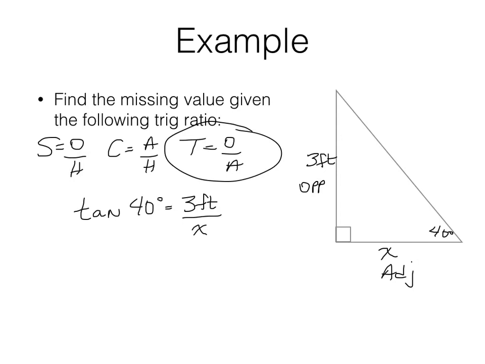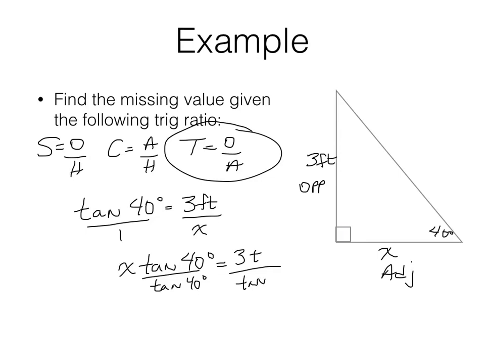Okay, so now we can solve this again with cross multiplication. So x times the tangent of 40 degrees should equal 3 feet. Dividing both sides by the tangent of 40 degrees to get x by itself, we'll get x equals 3 feet divided by the tangent of 40 degrees.